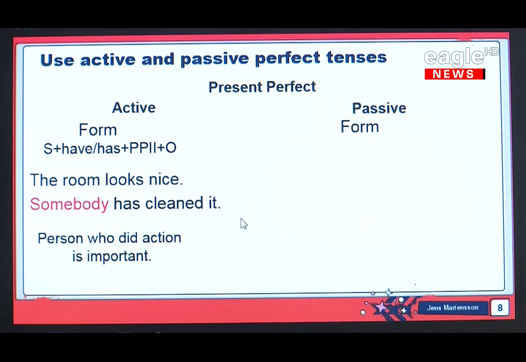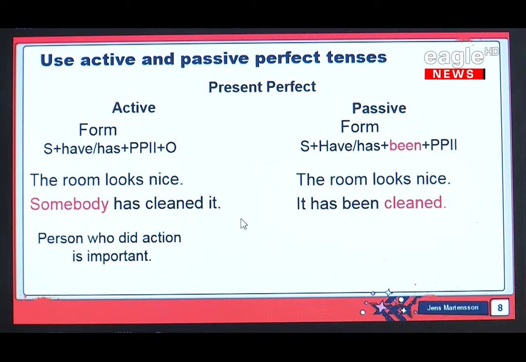Its form, subject plus have/has plus been plus past participle. I will read an example. The room looks nice. It has been cleaned. It means the action is important.